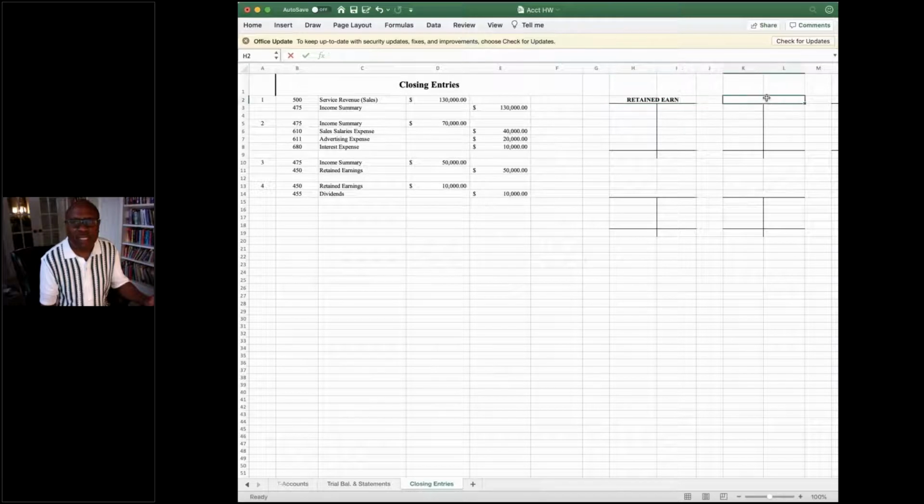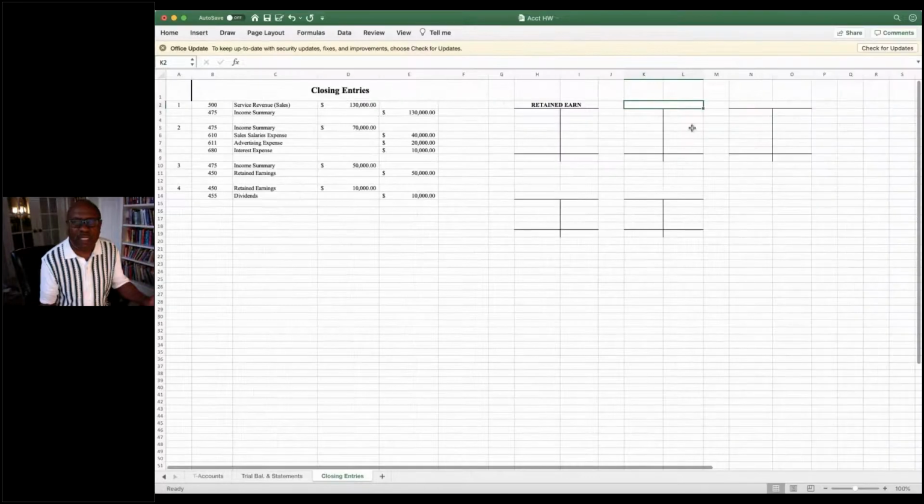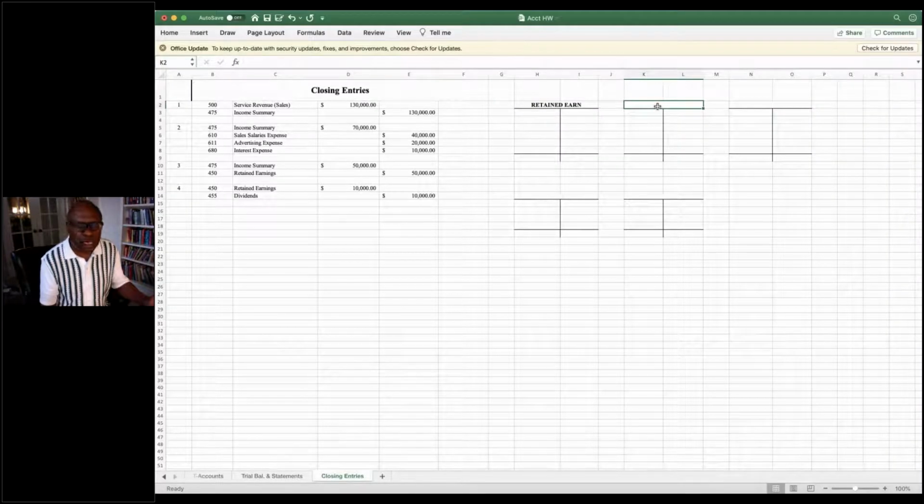Okay, then let's put income summary here. Now, these T accounts will go back, I'm just putting them here so we can look at them. But they will be with those regular T accounts, okay?